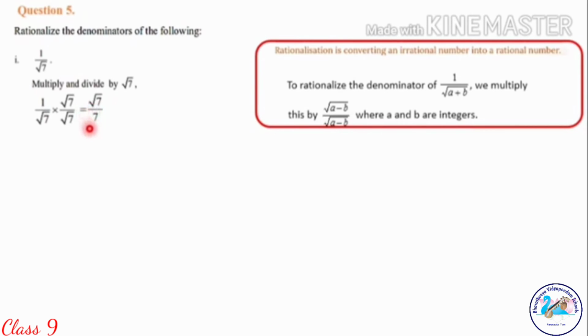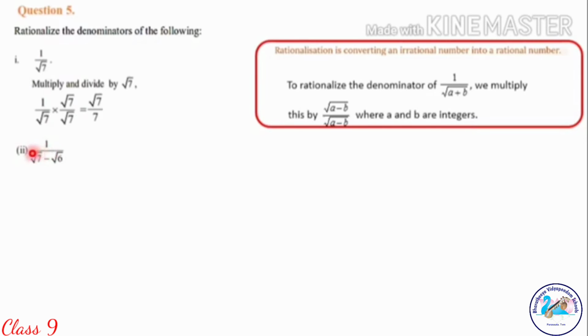So 7 is a rational number. Before it was an irrational number, now it became rational. So rationalization is over. Once again, if the denominator has only the square root of a single number, take that number and multiply it in the numerator and denominator. That is the process.